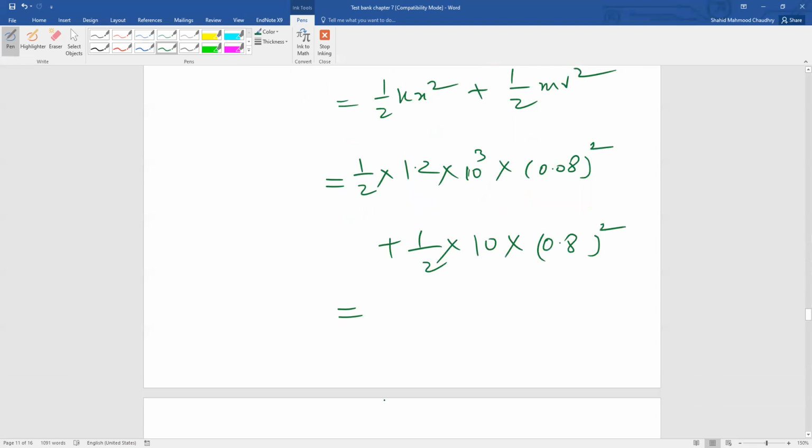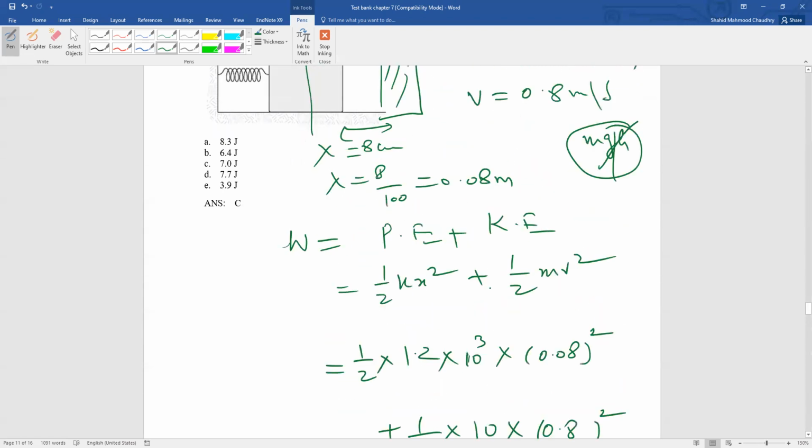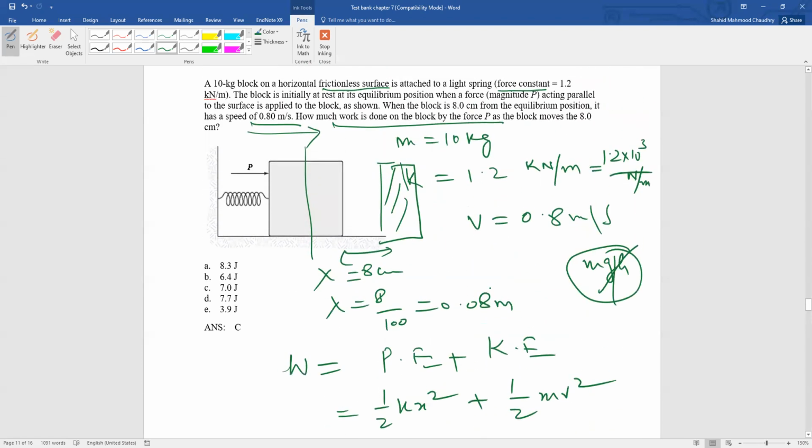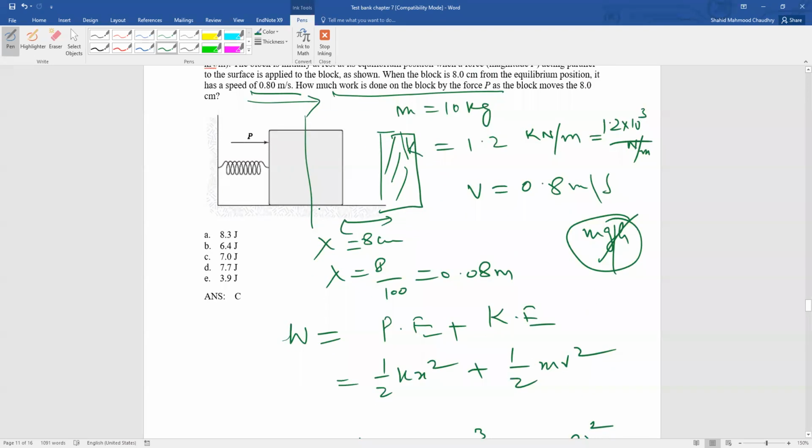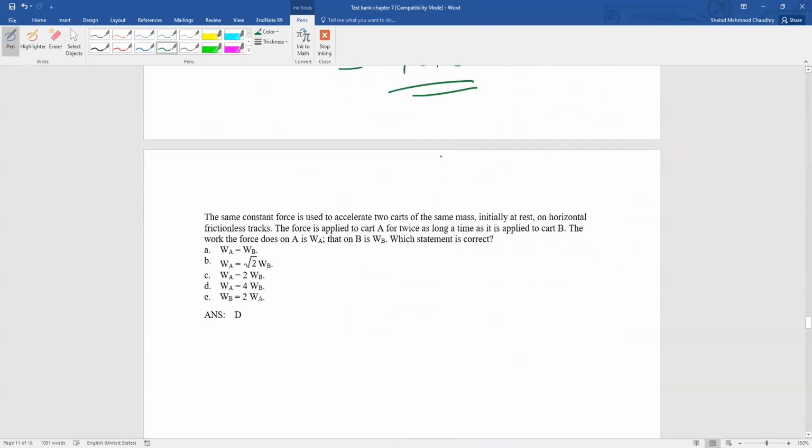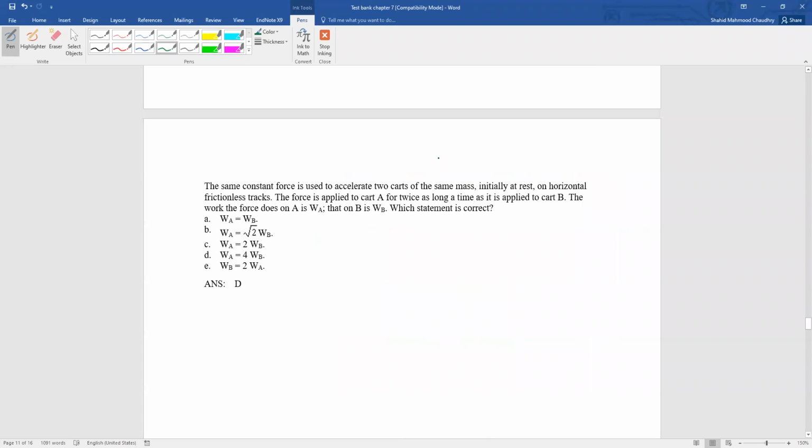Now you can solve this one and your answer will be 7.04 joules. So this is the problem. In this problem, two kinds of energies are involved. One is the potential energy of the spring and the second is kinetic energy because the speed is given. Okay. After this.